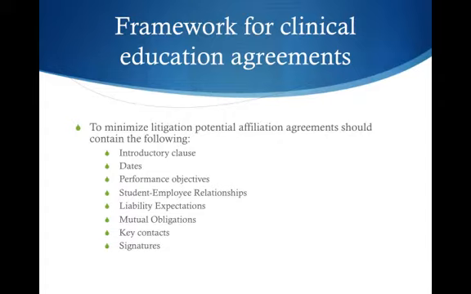Key contacts are going to be names, titles, mailing addresses, informal notification, and contact numbers for both the educational institution and the clinical site. And then signatures. Signatures are required on affiliation agreements because these agreements are considered legal documents. Only authorized personnel should affix their signatures to this.